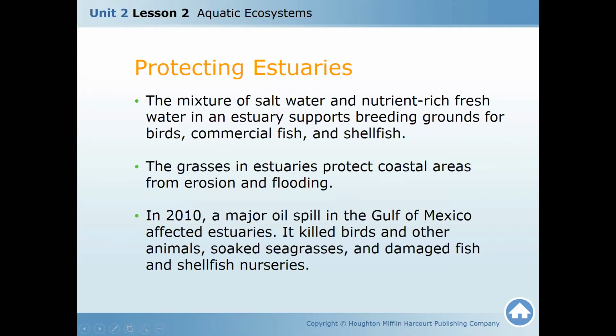Girls, what is the meaning of erosion? Any idea? What do you mean by erosion? Breaking of rocks is called weathering.